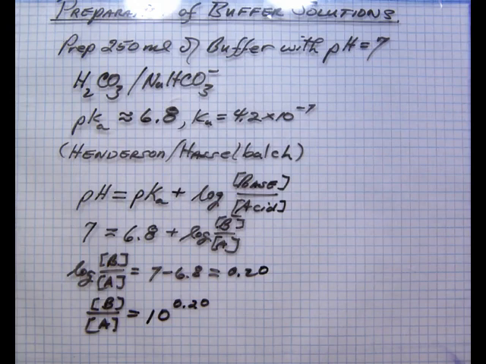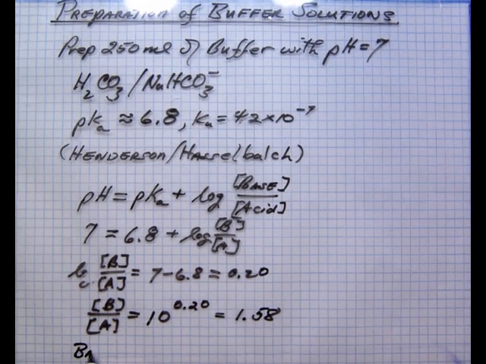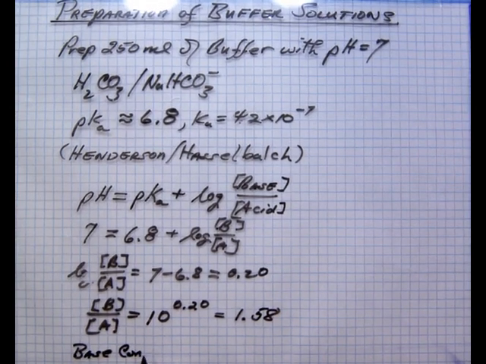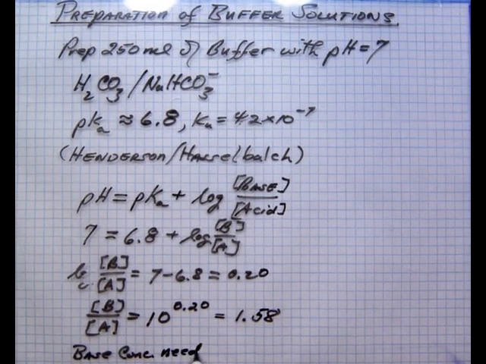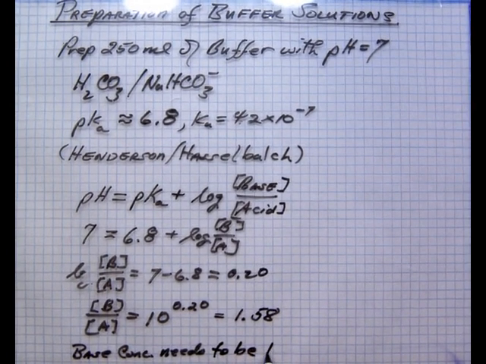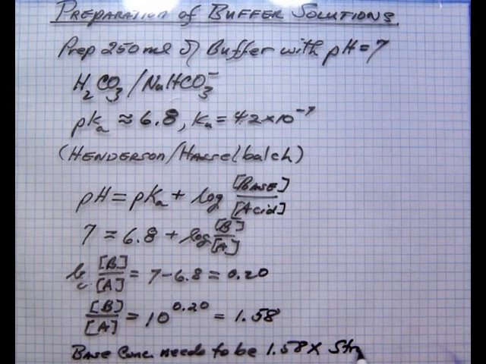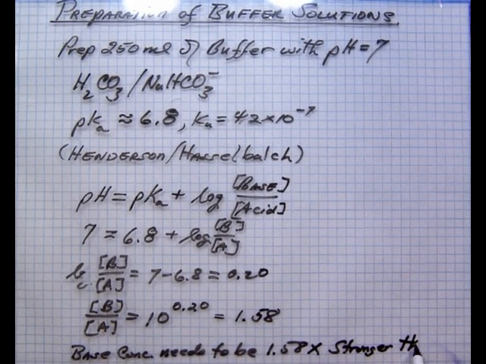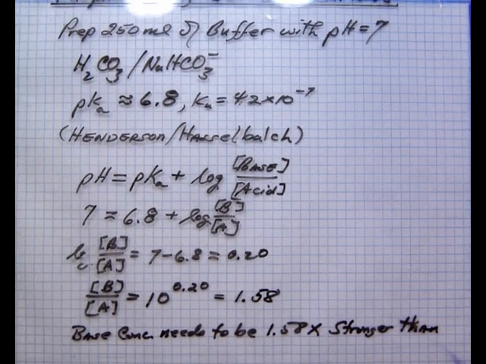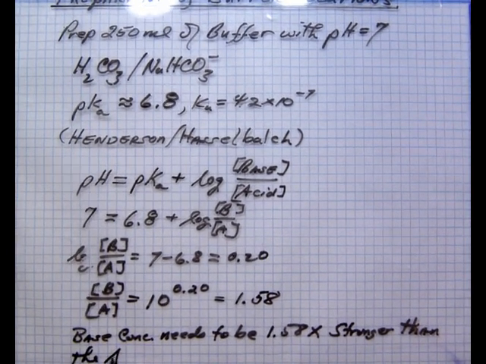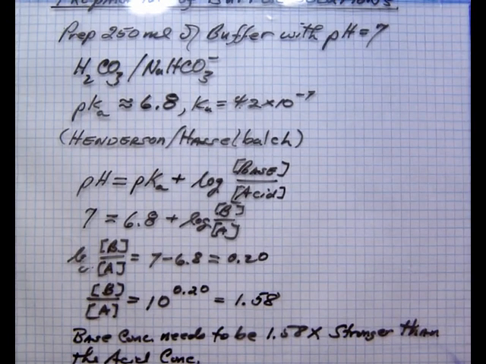So that comes out 1.58, base over acid. Now, what this tells you is that the base concentration needs to be 1.58 times larger or stronger than the acid concentration. Like that.